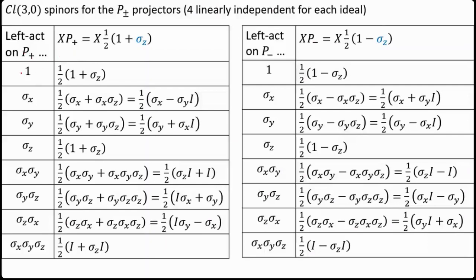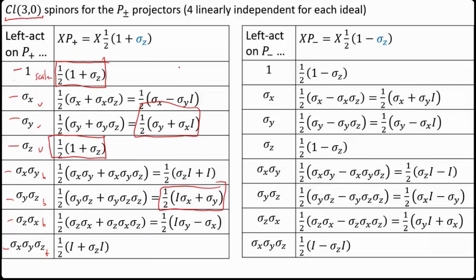So if you remember, these are the 8 elements of what we said was the Clifford algebra CL30. We have the scalar, the vectors, the bivectors, and then the trivector. There are some repeats in the results here, like these two, and I think these two here.